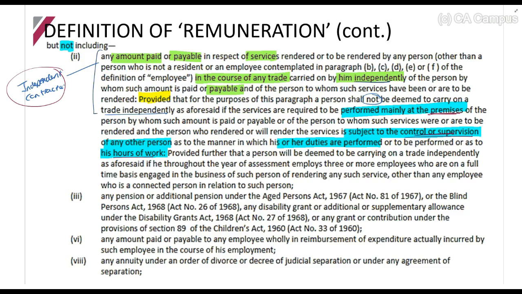The independent contractor has thousands of clients. If they come to your house and you control them there, you only control them for a couple of minutes or an hour a day. So overall, they don't work for you. Okay, but let's say for example you are a construction company, and you use a plumbing company which is independent of you to come and do work for you all the time, they will not be considered independent of you.